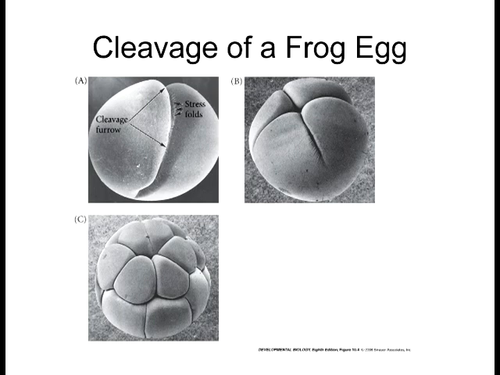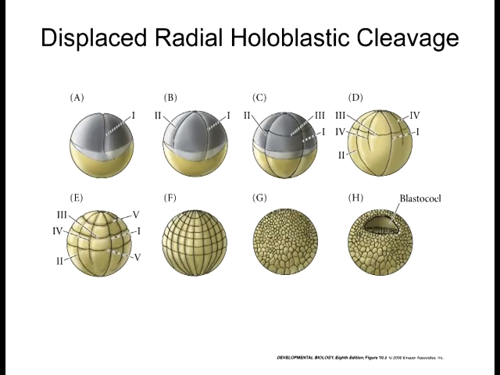It's much harder in the vegetal pole. That'll create smaller blastomeres in the animal pole and much larger blastomeres in the vegetal pole due to the differences in the yolk concentration. So you can see that here as well.